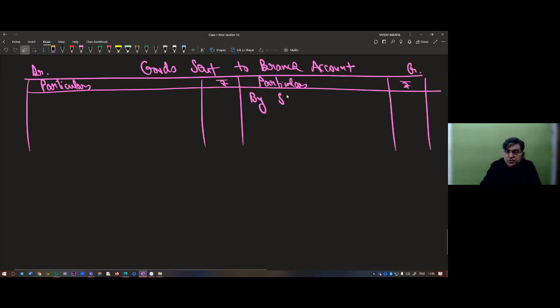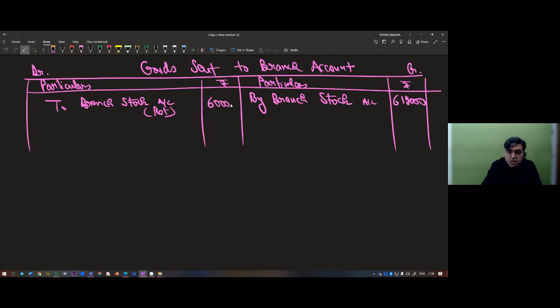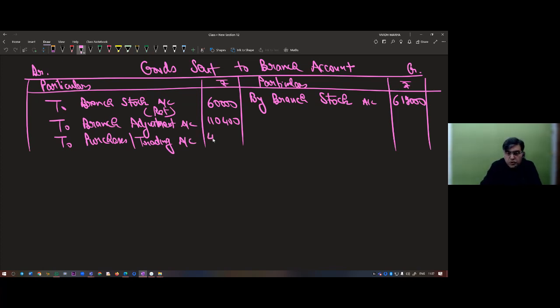Goods sent to branch versus branch stock: 6,12,000 to branch stock, 60,000 to branch adjustment, 1,10,400, which is 612 minus 60,000 divided by 5, to purchases, trading account.